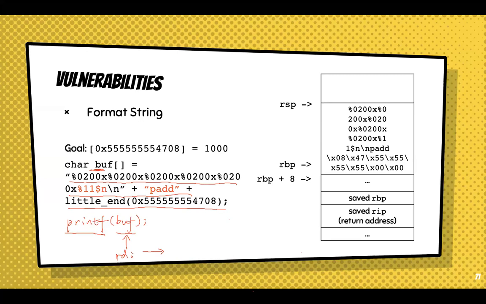In this case, we found first a %x with some more format specification, but this is one argument. Let me just write here, 1, and then this is second, 2, 3, 4, 5. And then here is a %n. %n means that is also another one. Actually, this is 6.